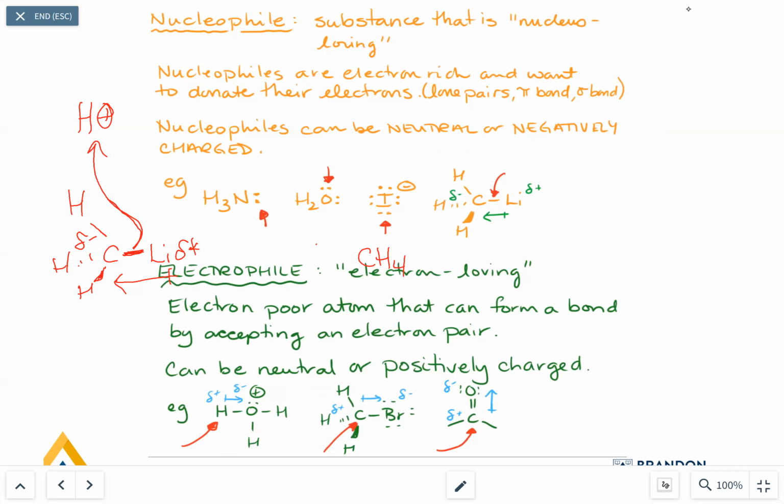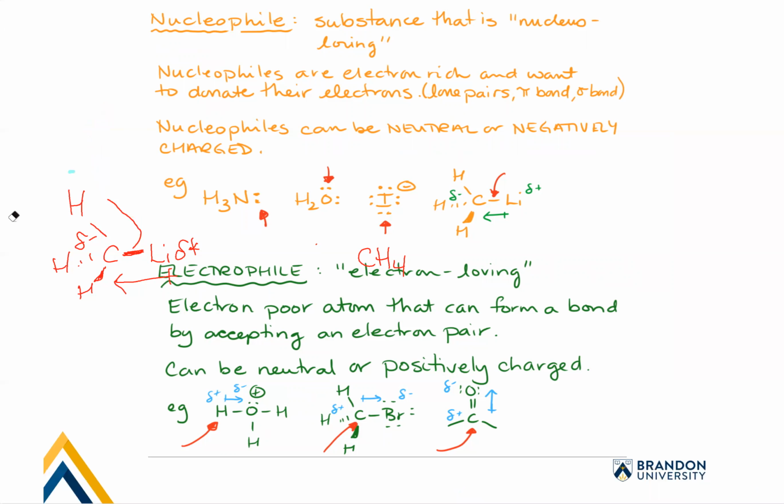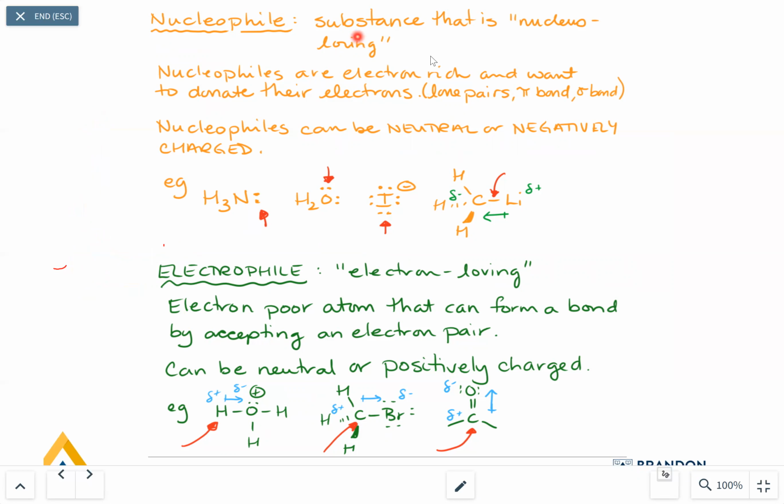Let me erase this over here. So, nucleophiles. We would call them nucleus loving, I guess. These are electron rich, and they basically want to donate their electrons.